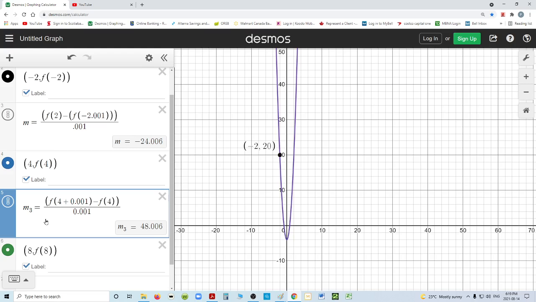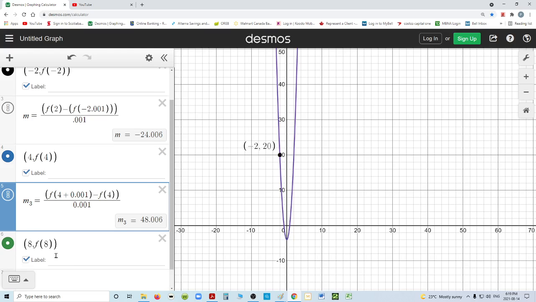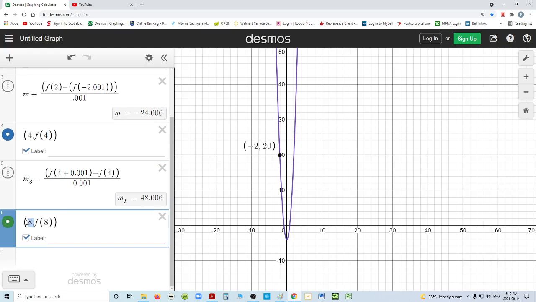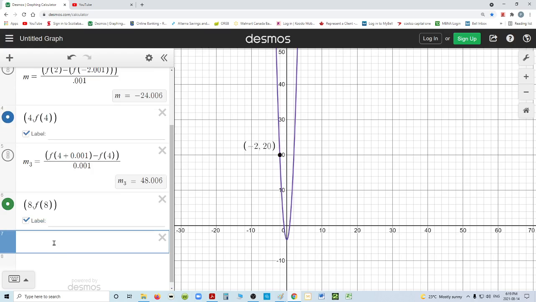So there you go. Look, it's 48. Oh, it's twice as much, not 4 times as much. Okay. Well, I stand corrected. It's twice as much and positive as the other one, which I'm going to therefore guess that the 8 is going to be twice as much as the 4 and positive as well.